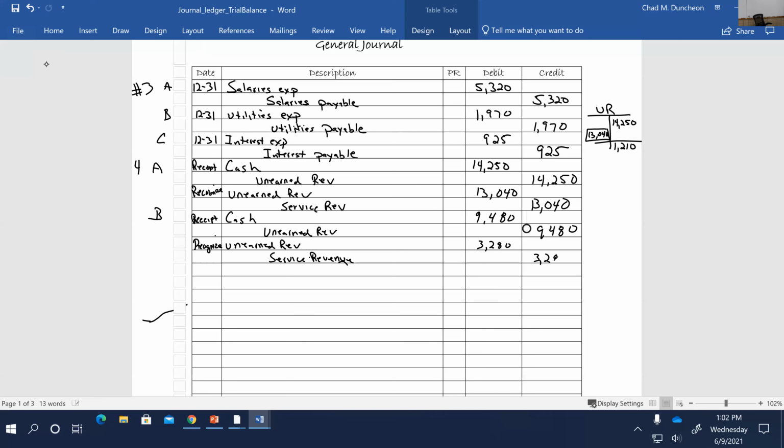Now it says, then calculate the ending unearned revenue balance for each contract. So for contract A, it is right here. It gave us the ending balance of 1,210. The journal entry we had to make was in order to make that accurate.